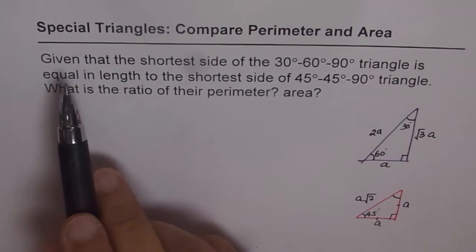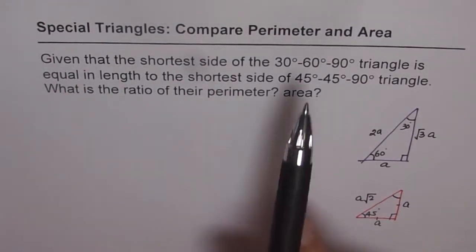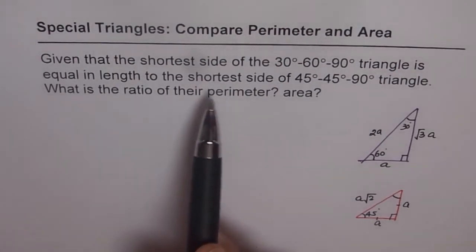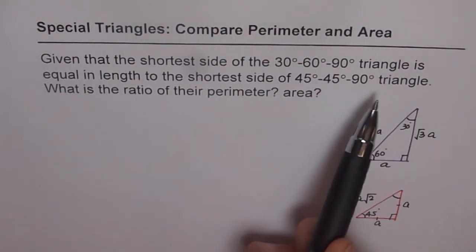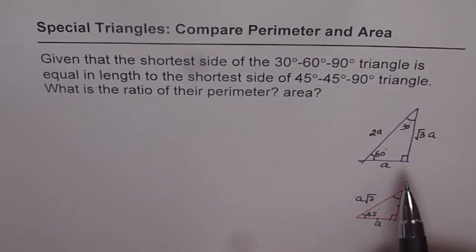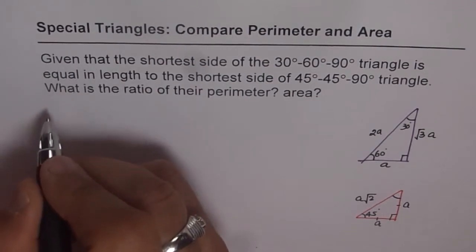It says, given that the shortest side of the 30 degrees, 60 degrees, 90 degrees triangle is equal in length to the shortest side of the 45, 45, 90 degree triangle, what is the ratio of their perimeters? So that means we'll just compare the 30, 60, 90 with that of the 45, 45, 90 degrees, right? So let's compare perimeters first.